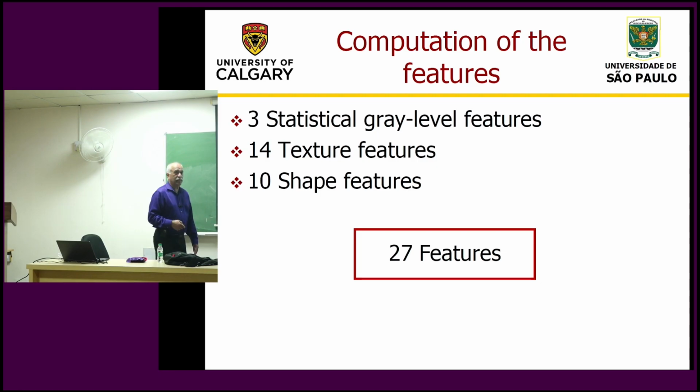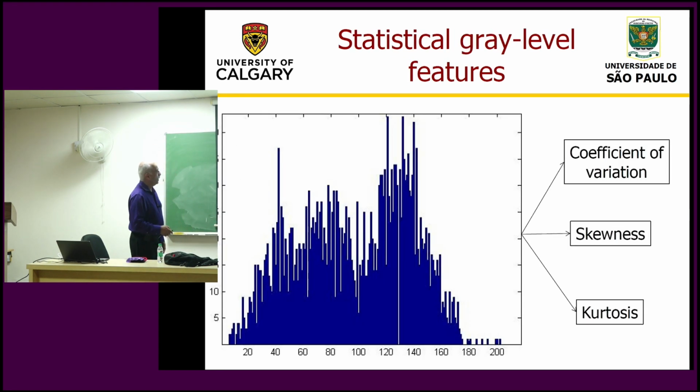So some basic statistics were computed. Basic statistics, as we have seen, 14 texture features from Haralick and 10 shape features, a total of 27 features. The coefficient of variation is the ratio of the standard deviation to the mean. Skewness and kurtosis are the third and fourth order moments.